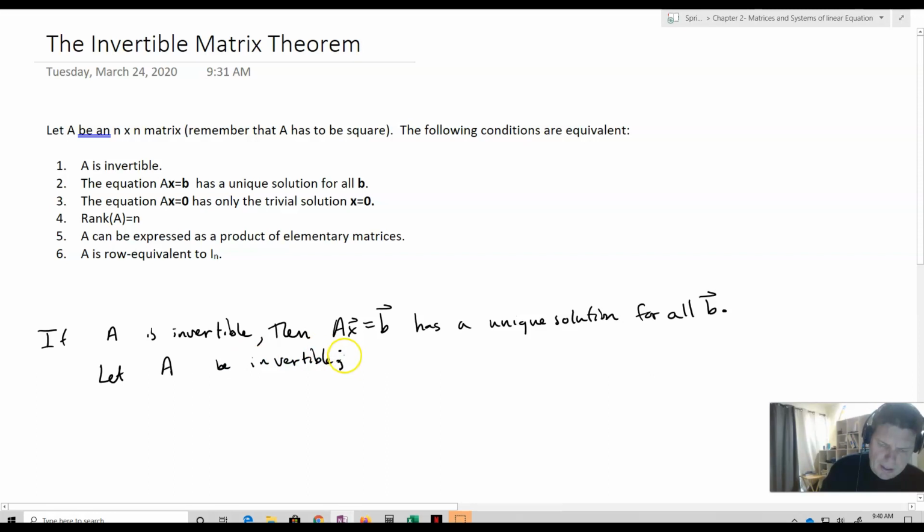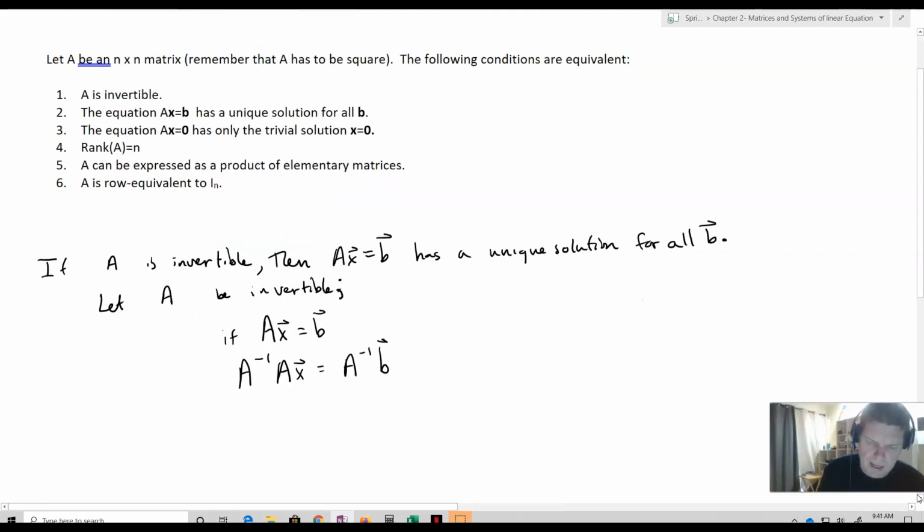What we showed a little bit earlier, and this is a great review of how invertibility really matters, is that we have AX equals B. Then we have A inverse A X equals A inverse B. And that's only because A inverse actually exists. Since A is invertible, we have an actual A inverse. And that gives me that X equals A inverse B, because A inverse A is simply the identity on n, for n by n matrices.